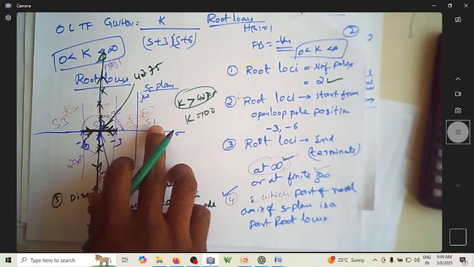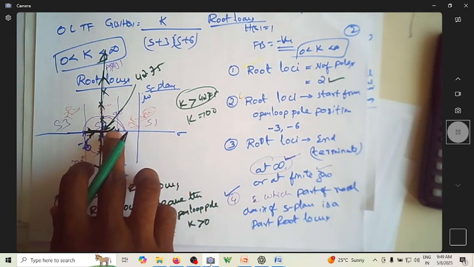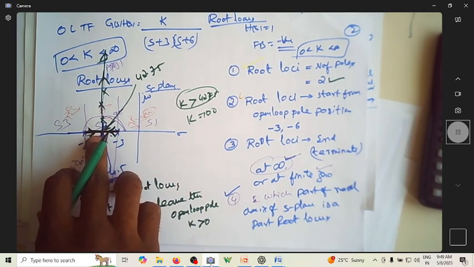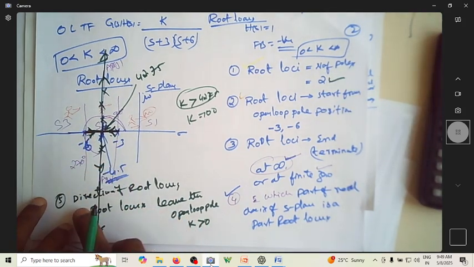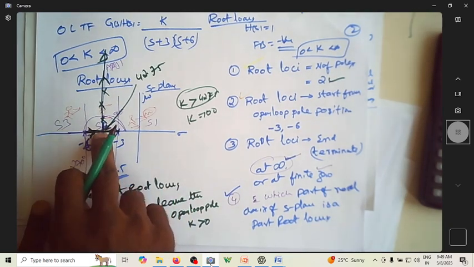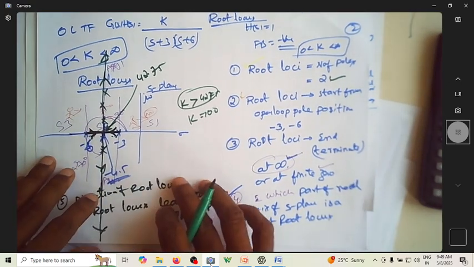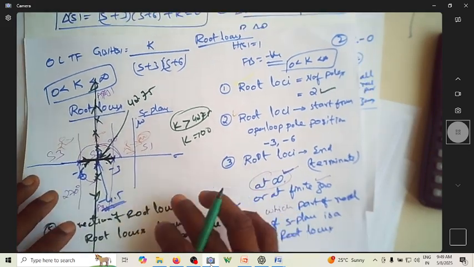You would be able to find three segments and identify the second one as the segment where the root locus exists. You darken that portion, and then you write the direction of the root locus, so it is leaving the pole. And because you know that two loci will go to infinity, we need to have asymptotes.